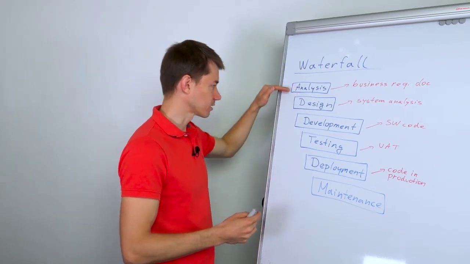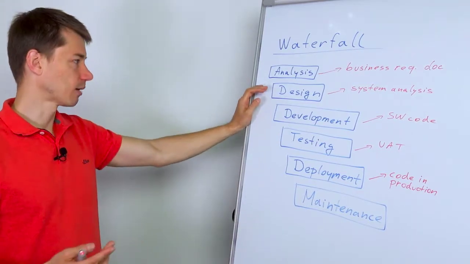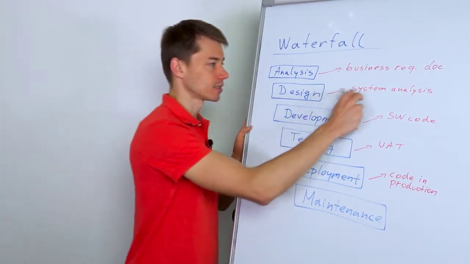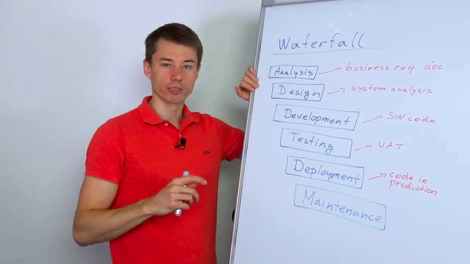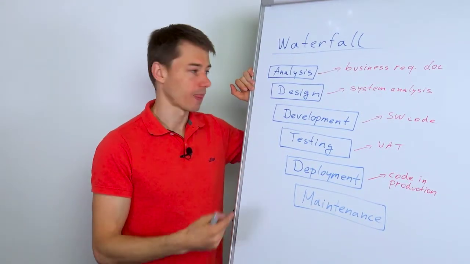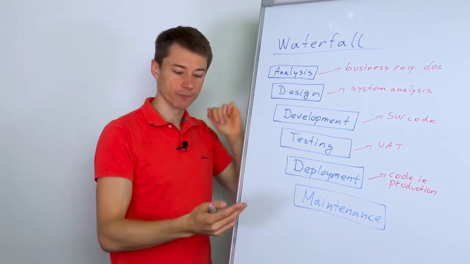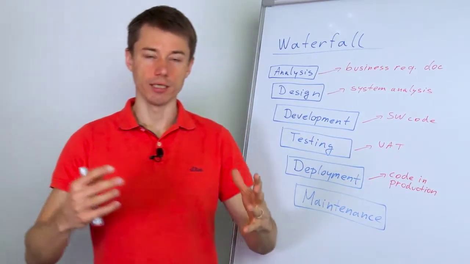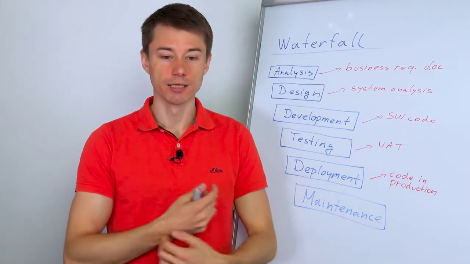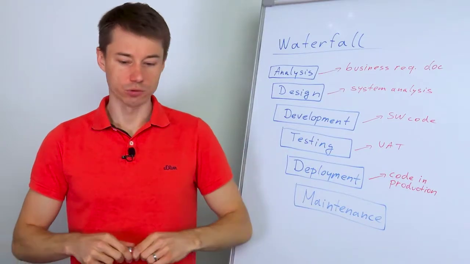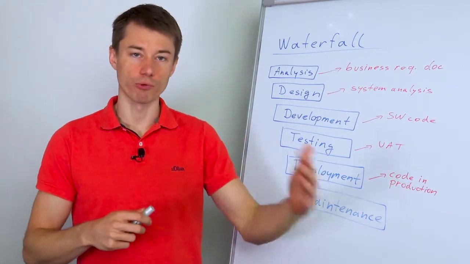You start with analysis. The second step is design. So the outcome of the design phase is a system analysis. So imagine 2-3 people sitting together, talking together for a few days, and coming up with an analysis of the system that is affected. This is especially important if you work with multiple systems affected. So say you want to build a data warehouse in a corporation.